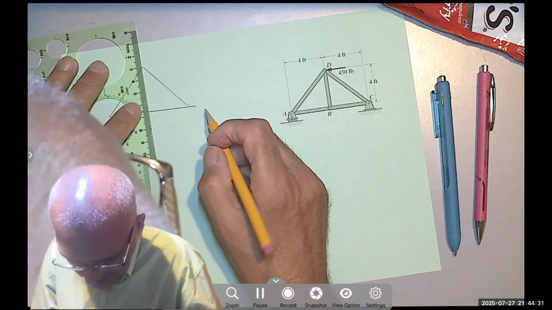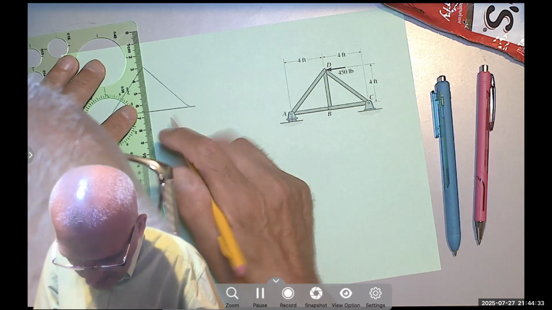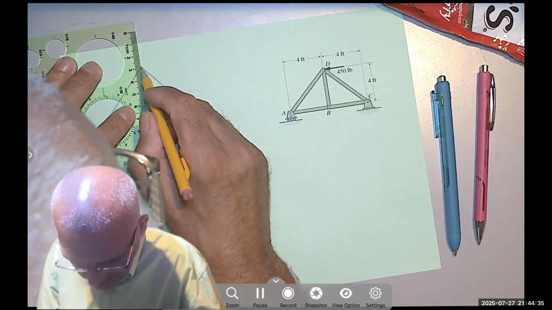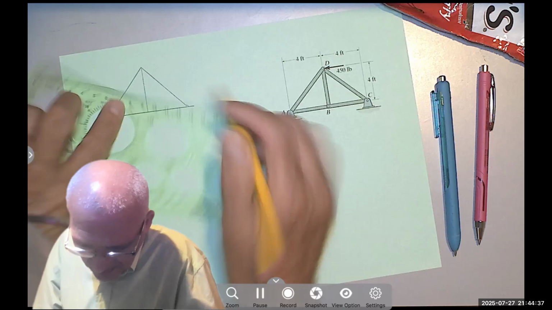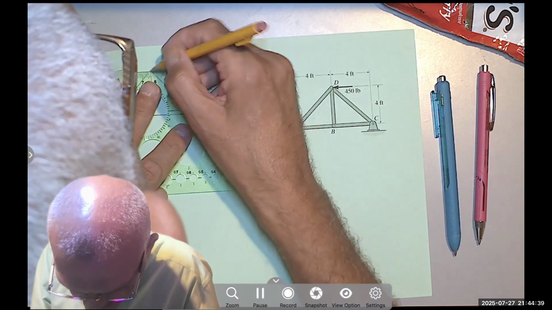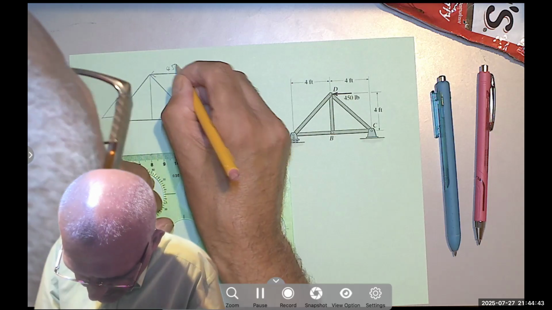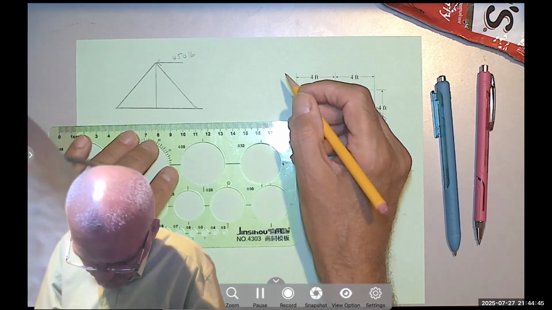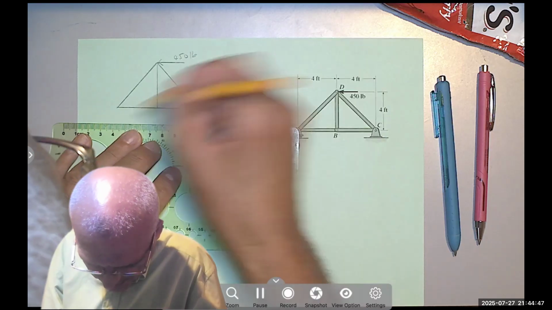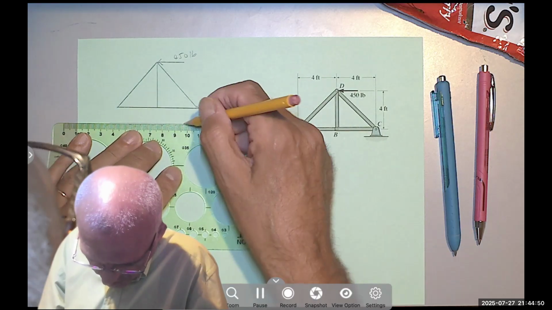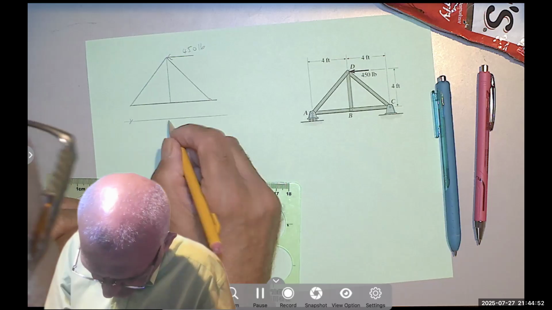There is a member here. There is a force at D, 450 pounds. I have to show the dimensions because without them, nobody can solve that.